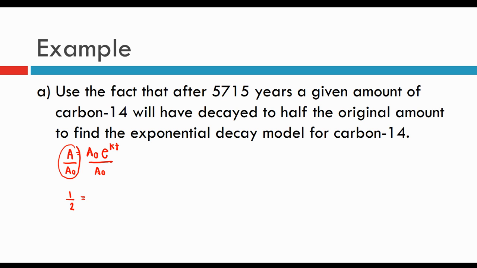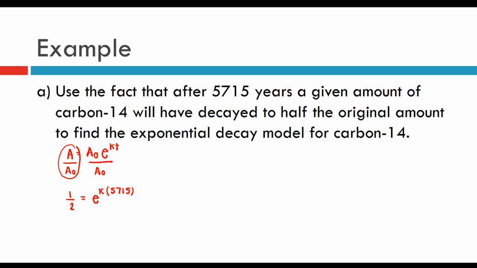So that's still going to equal e raised to the kt power. But now t represents 5,715 years, so that's what I'm going to plug in for t. Then this is going to allow me to solve for k.